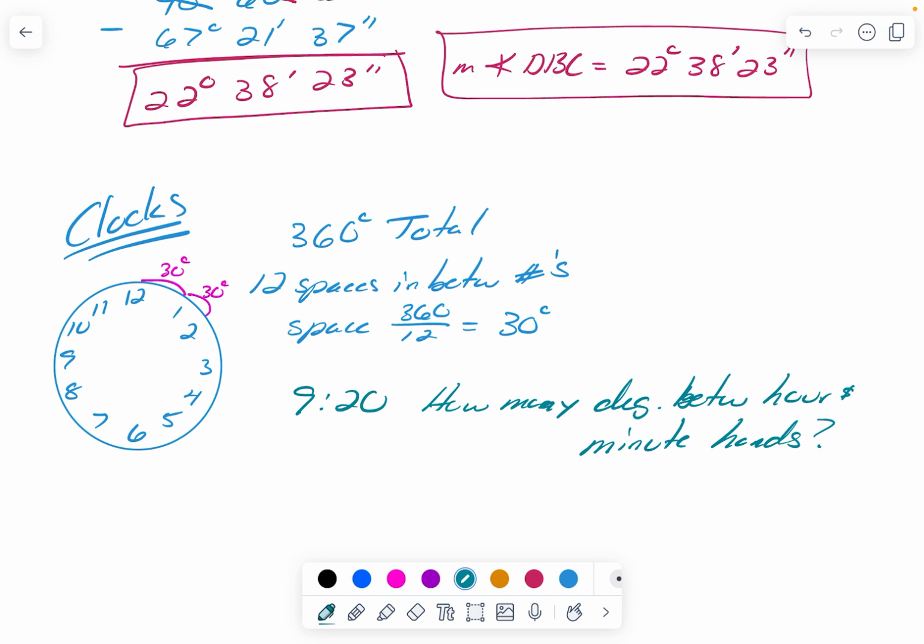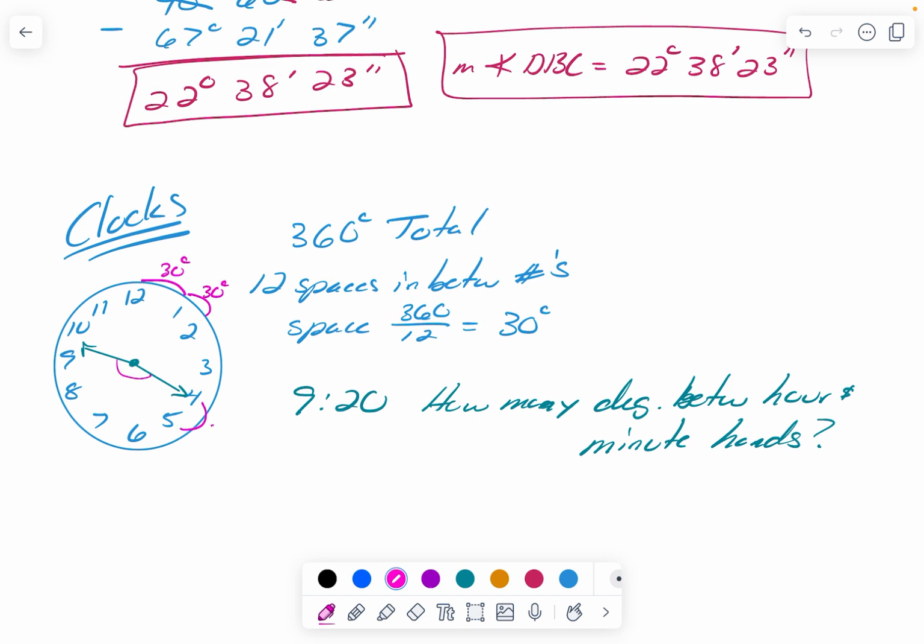Well, remember, first of all, let's draw it on here. So here's the 20. But that 9, remember, is not going to be right smack on the line, because when it goes from 9 o'clock to 10 o'clock, that hour hand is slowly moving from the 9 to the 10. So we want to know what this is.